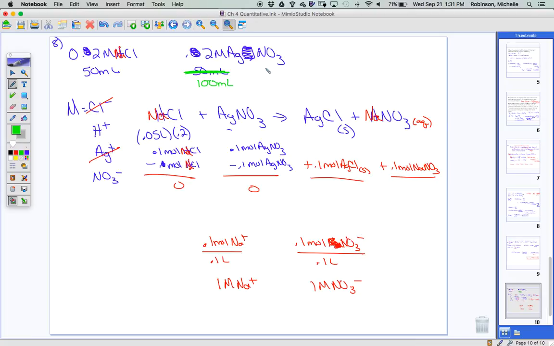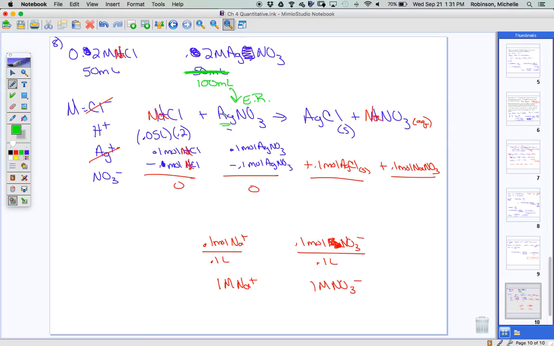In that case, this is excess, and so you're going to use up all the chloride, so there won't be any chloride ions in solution, but there will be some silver because there's going to be leftover from here. And that's going to make it a little tricky mathematically.